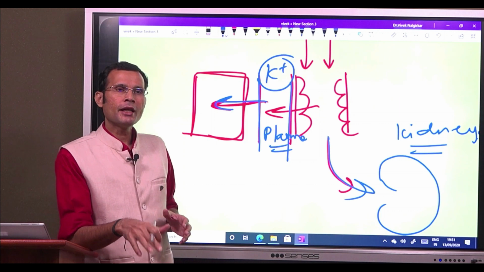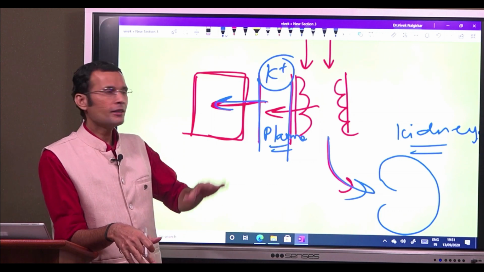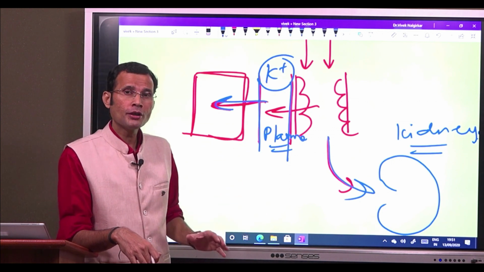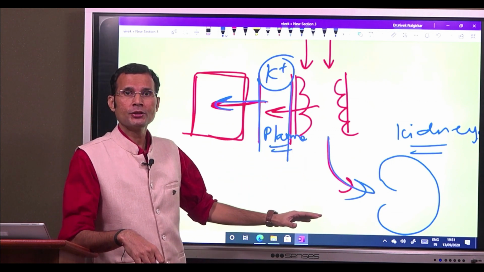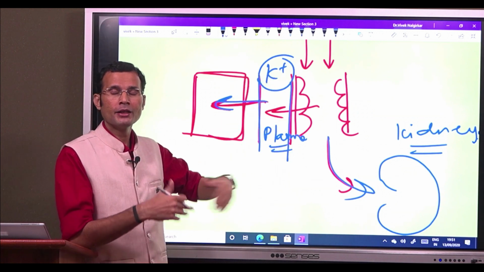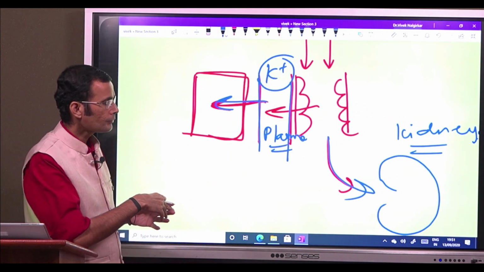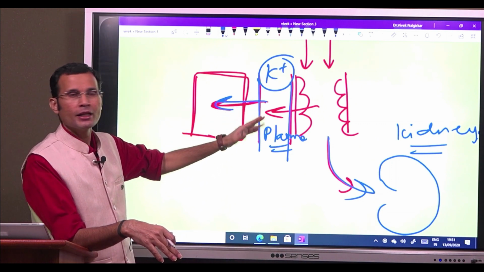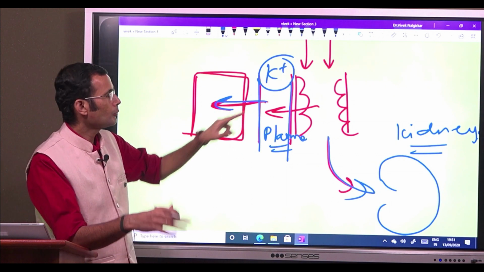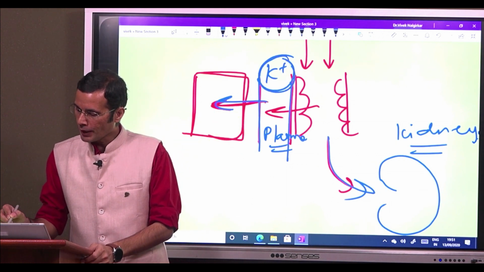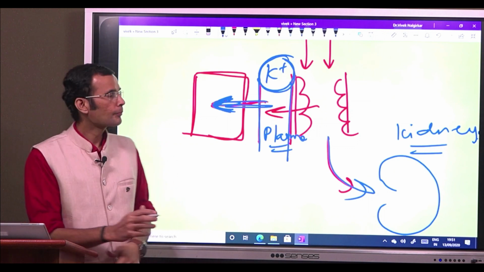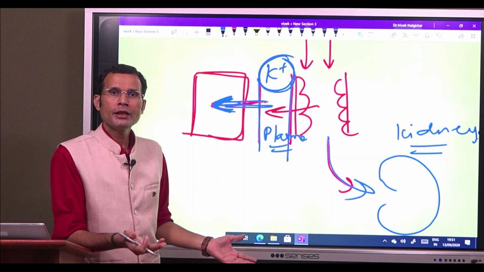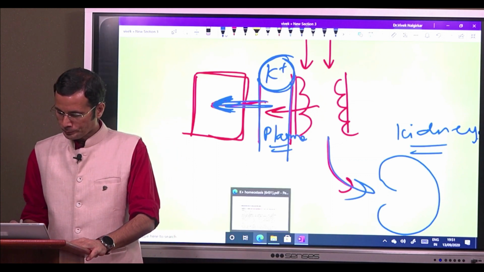Well, kidneys will take about 5 to 6 hours to excrete the potassium. Look, they are going to take a long time to handle this potassium which was taken in the diet, in the meals. So there is a possibility of dangerous rise, and therefore, this mechanism where potassium comes into the plasma and is immediately pushed into the cells becomes a very, very important mechanism to prevent dangerous rise of potassium in the plasma.